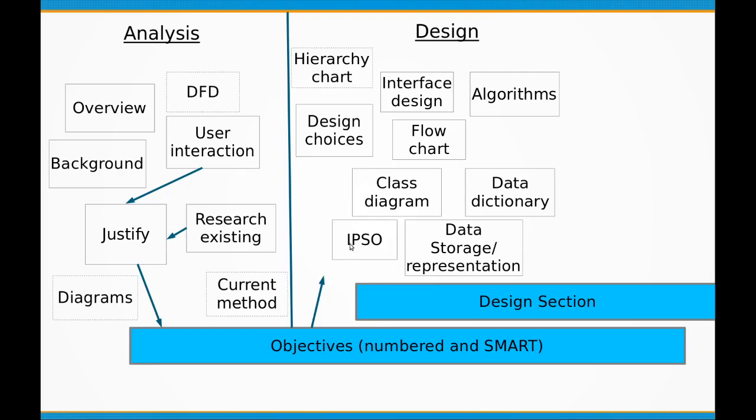So the input, process, storage, output may come more from the current method. But you're looking to take a lot of these things from the objectives, and do say in your design, I'm doing this flowchart because of objective number whatever. The more you can link it back to the objectives, the better.